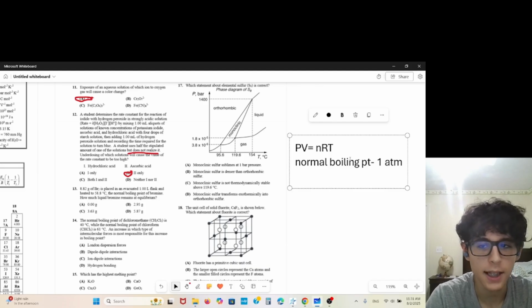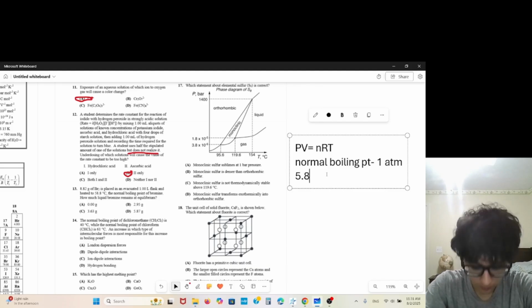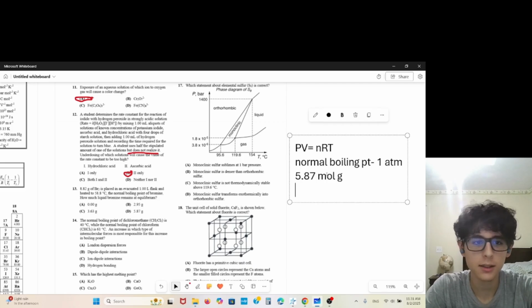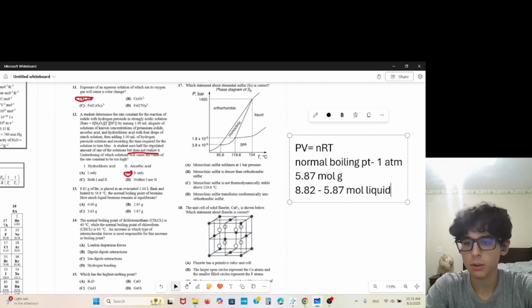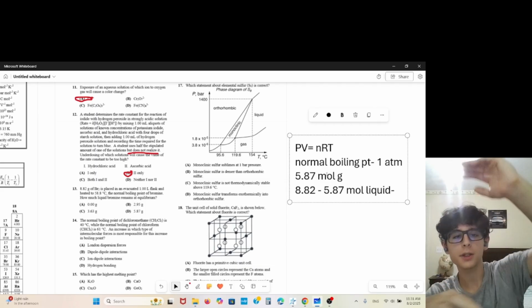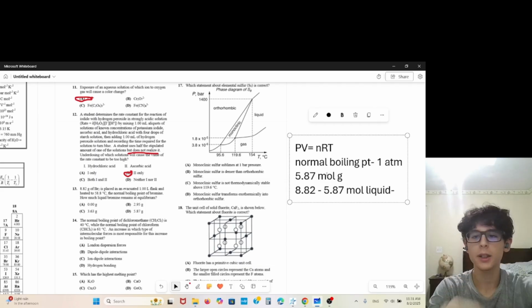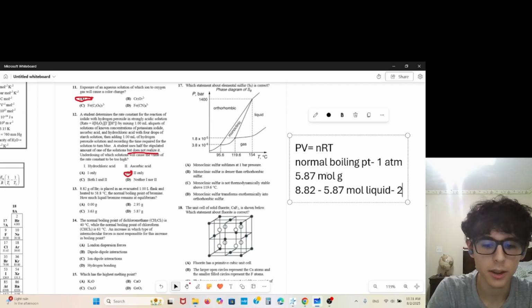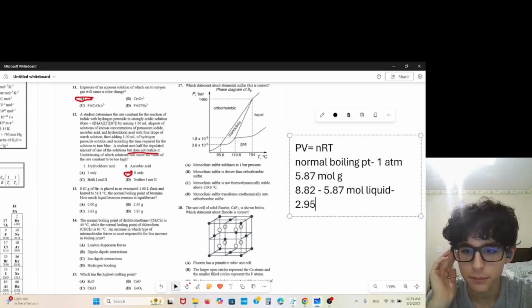But that's your moles of gas. 5.87 moles gas. So you're going to want to subtract to find the liquid. Because this is a normal boiling point, you've got the vapor pressure. You're going to have some liquid, some gas, equilibrium, right? So you figure that out, you get 2.95.